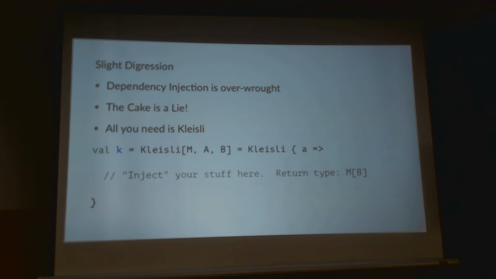Now, Kleisli is a sort of side note. You can use it in place of dependency injection, particularly in place of the cake pattern. It's a lot simpler to use, in that all you have to do is define your Kleisli, and you can think of it as injecting your logic in there. You could do that if you want, and I can give you an example of a library that's doing that.